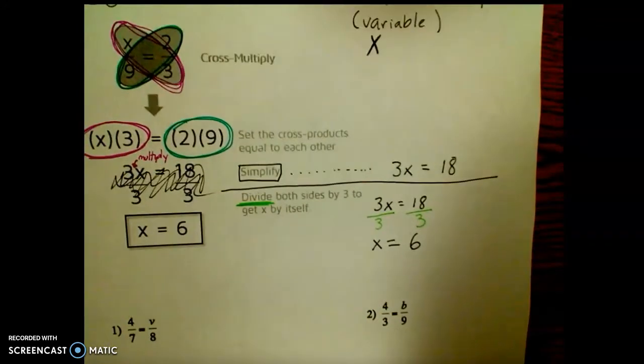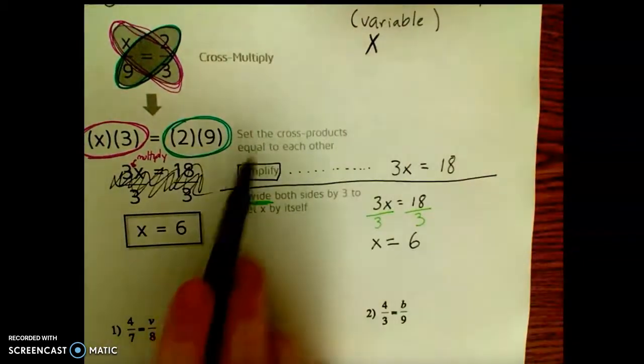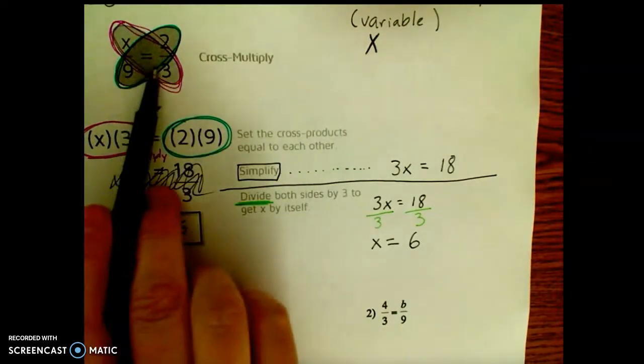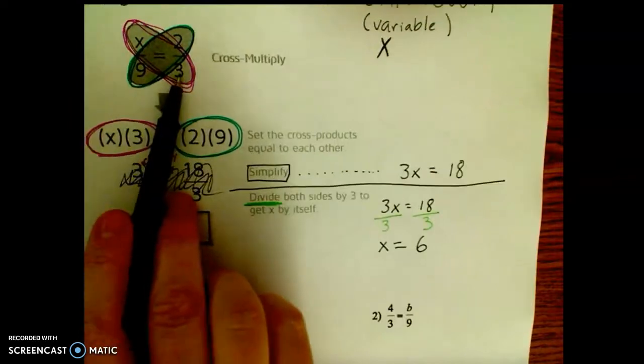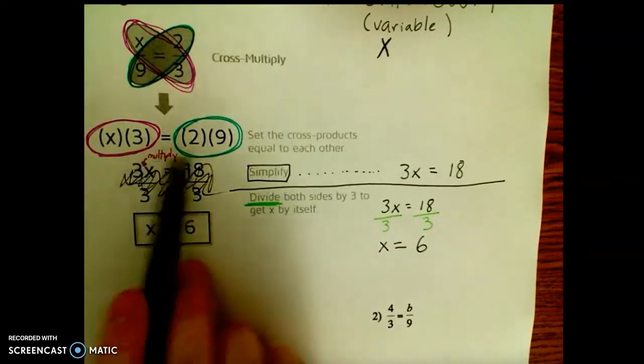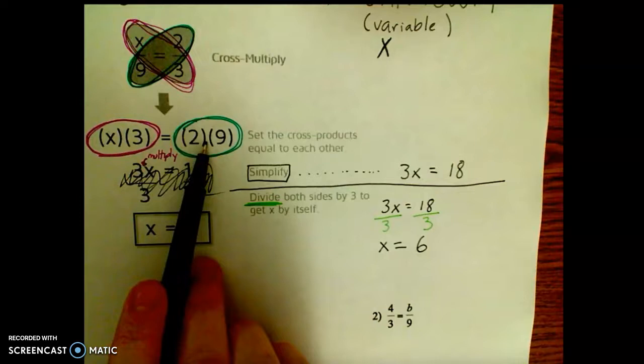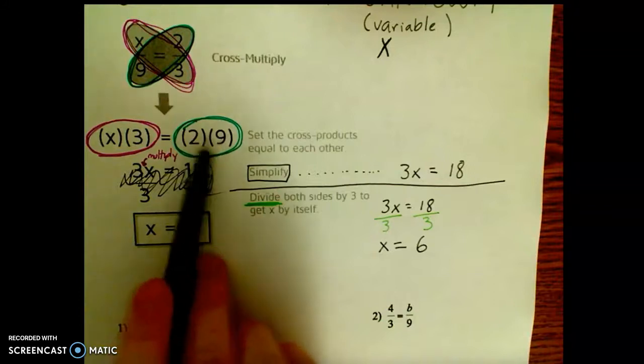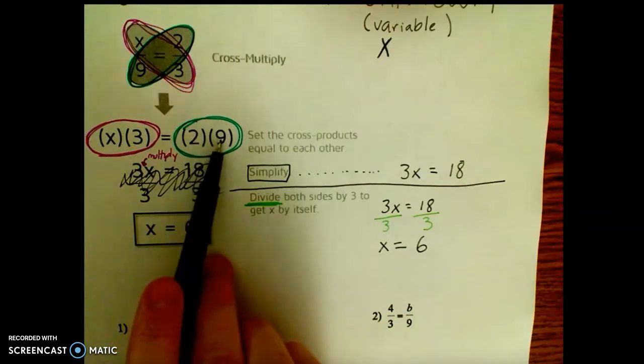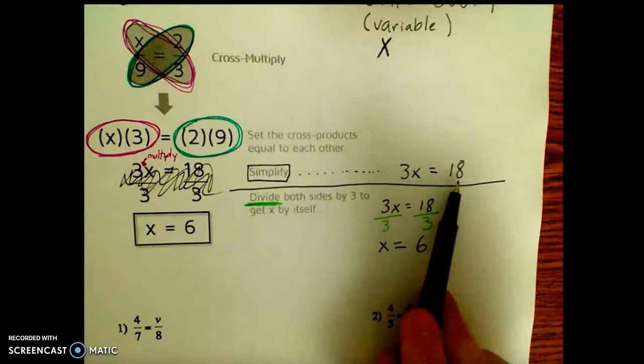Let's go through it one more time. Step 1, you have your two equivalent ratios, and you set the cross products equal to each other. Okay, did that. Step 2, you're going to simplify. That means do the multiplication that you can. Okay, and we got 18.